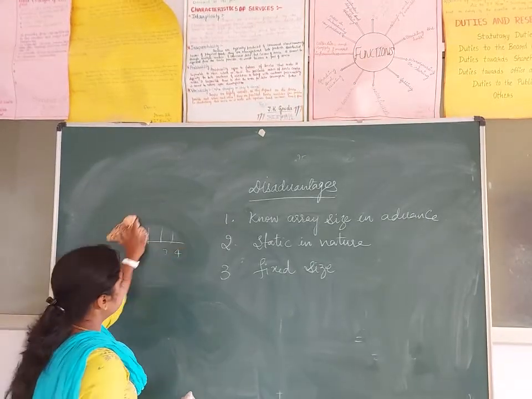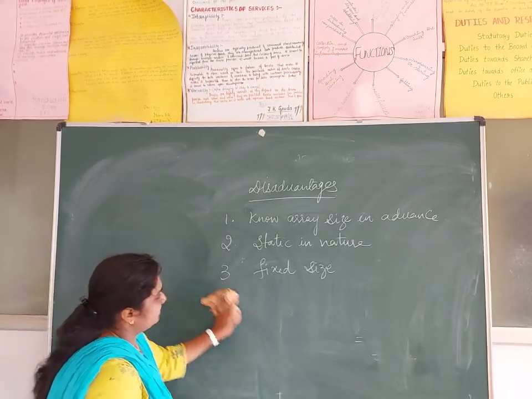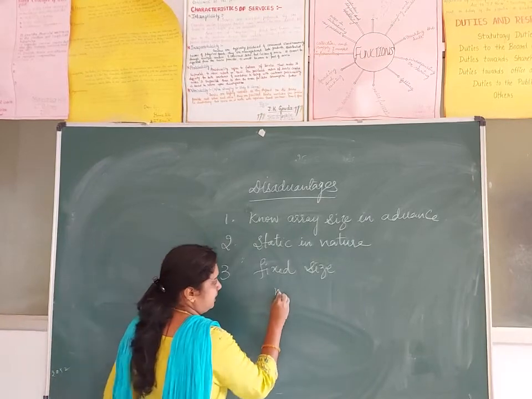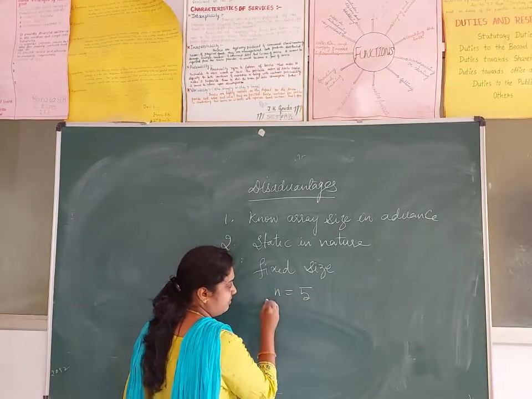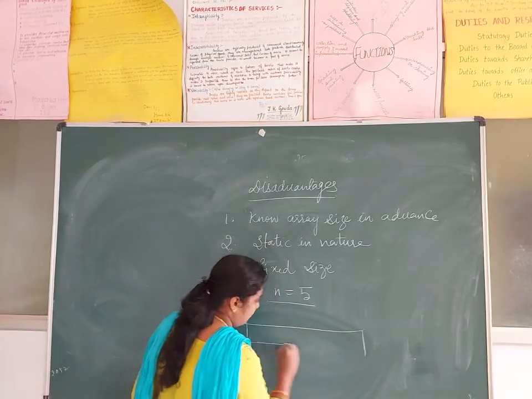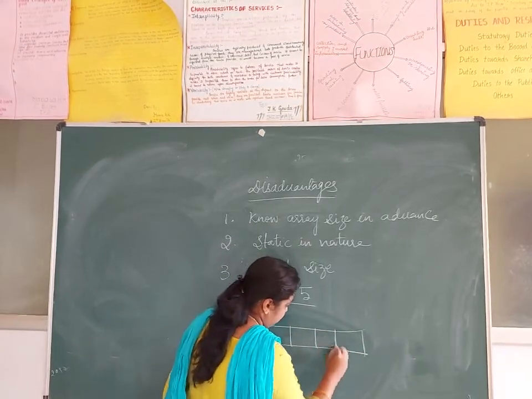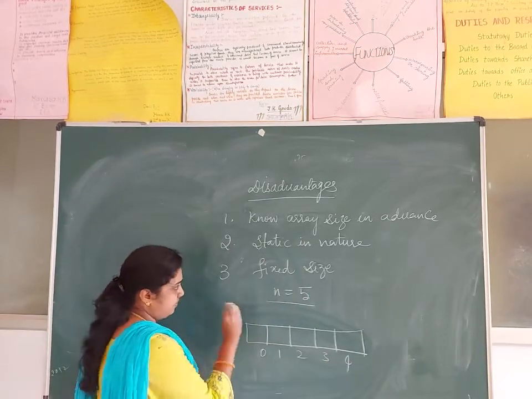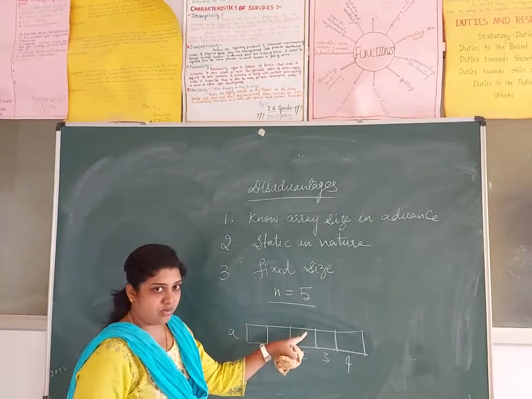So see here, I am going to take an array size n equals 5. This is my fixed size. The memory will be allocated from 0, 1, 2, 3, 4. So what is the problem then?